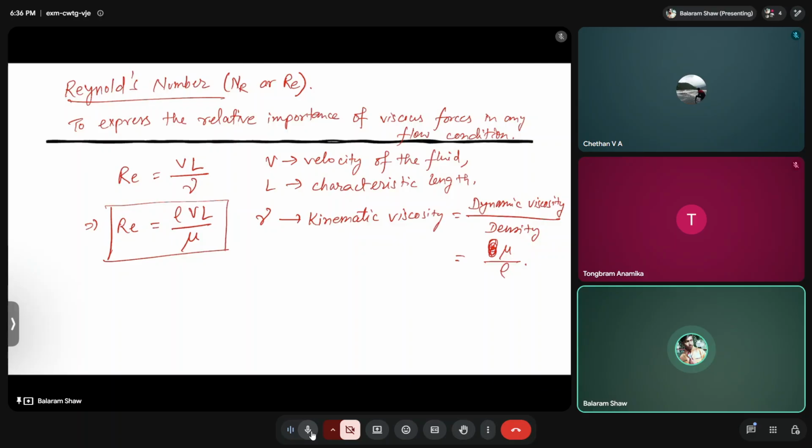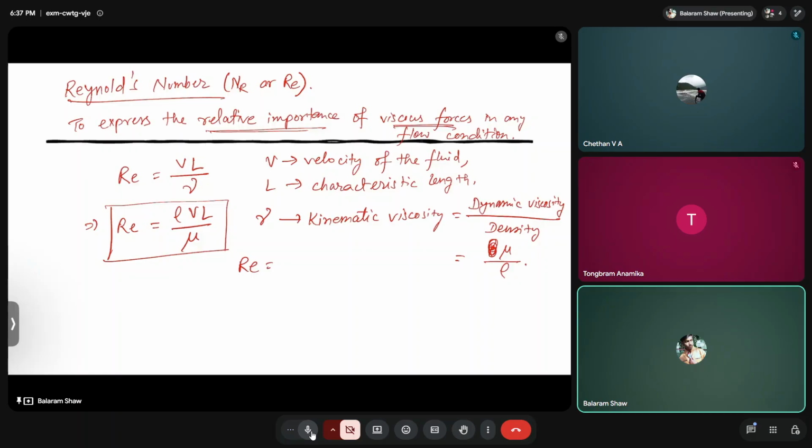If something is moving, what kind of force will it exert? It will have the inertia force, right? So Reynolds number is the ratio of inertia force to viscous force. I hope the definition is clear, because we should not only remember the mathematical equation, we should also understand what physically those numbers and equations mean.